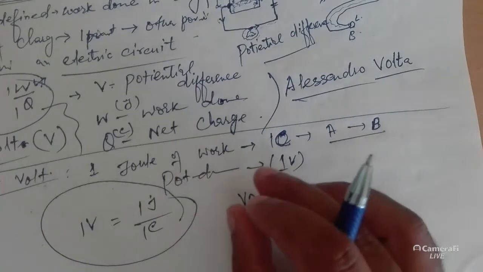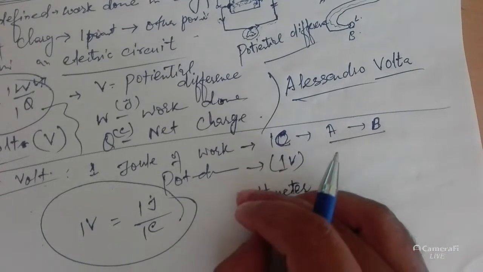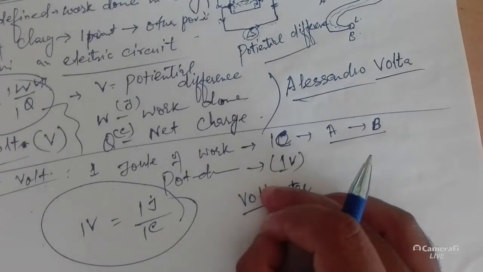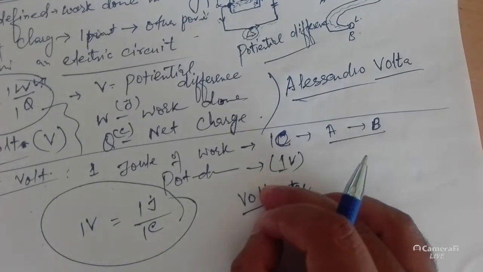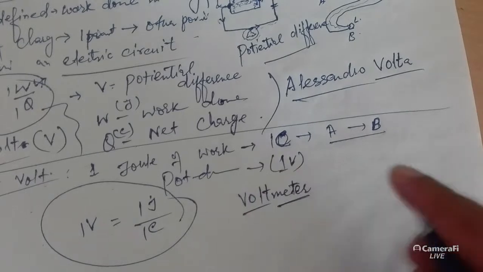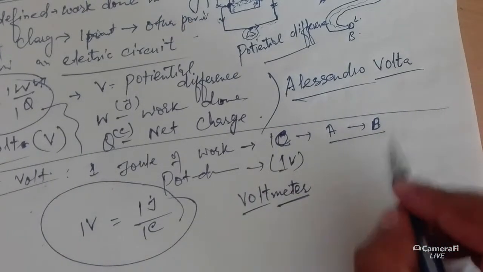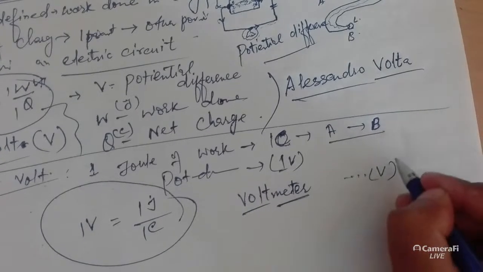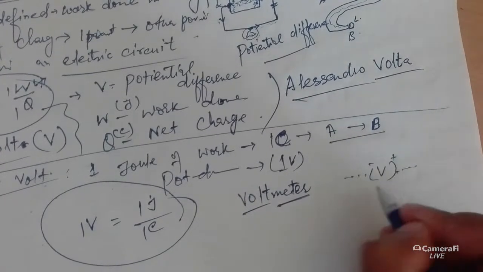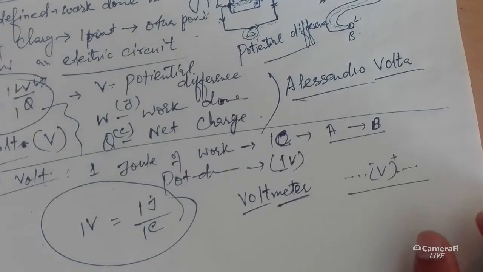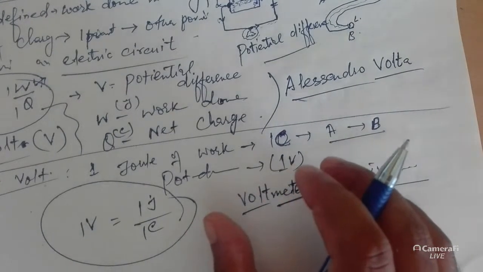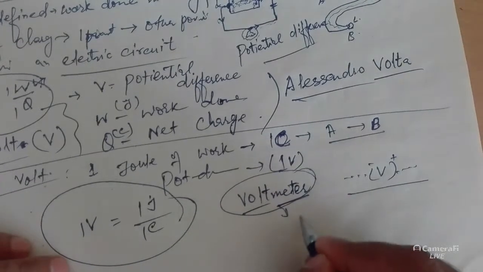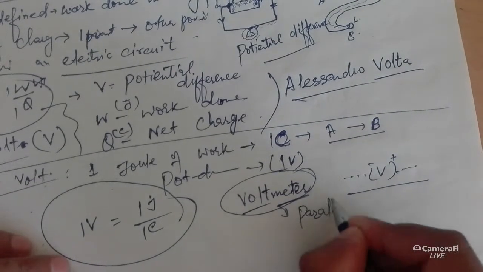So a voltmeter is an instrument used to measure the potential difference, and it is represented by a symbol like this. This is the symbol given in an electric circuit. But this voltmeter is always connected in parallel.